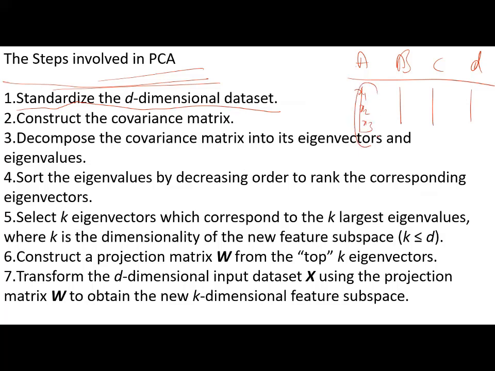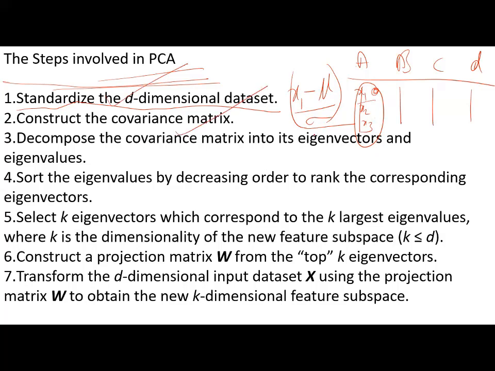You find the mean of this, mu. Then x1 minus mu divided by the standard deviation. When we standardize, we can easily perform all operations without regard to different units. So this is what is called standardization.